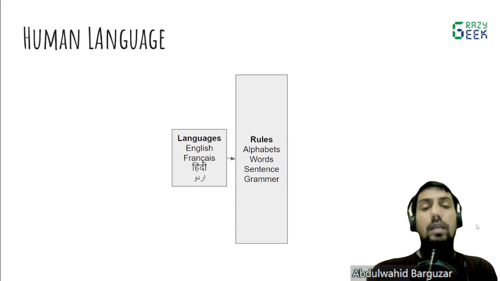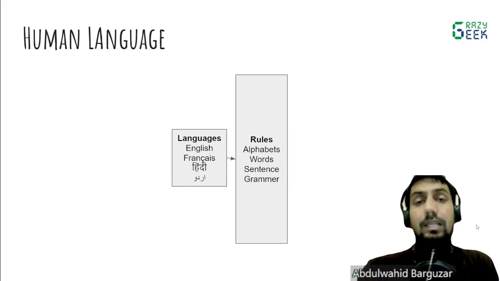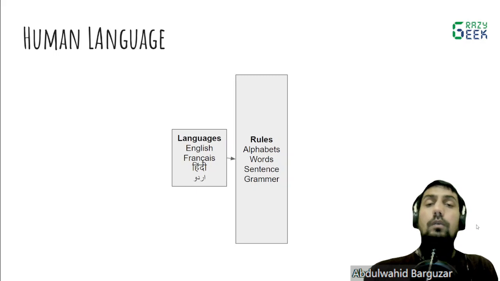Each and every language has its own alphabets, words, and with the help of words we create sentences. But we will consider a sentence to be correct only and only if the sentence is fulfilling the requirement of a grammar.